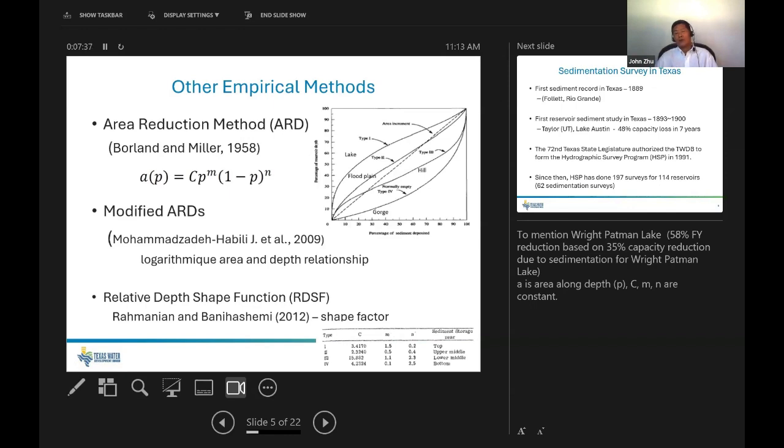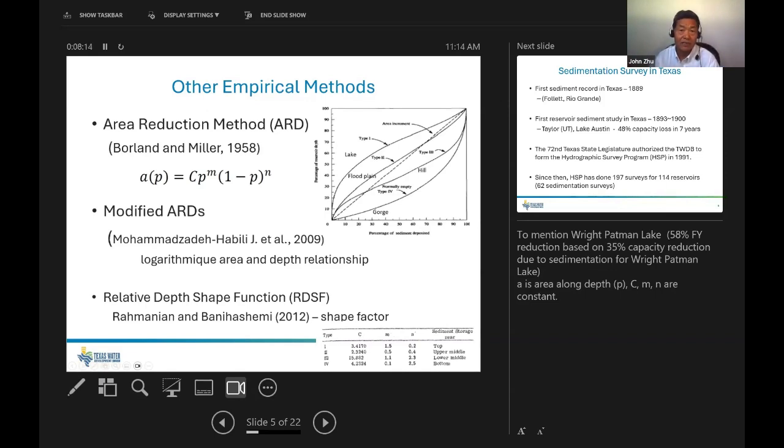The first method I just mentioned is equal area along all the reservoir elevations. But some people say no, because some reservoirs in mountainous areas have higher sedimentation at higher elevation, and some other areas in the flat plains have higher sedimentation at the bottom portion of the reservoir. So they developed 4 types of curve.